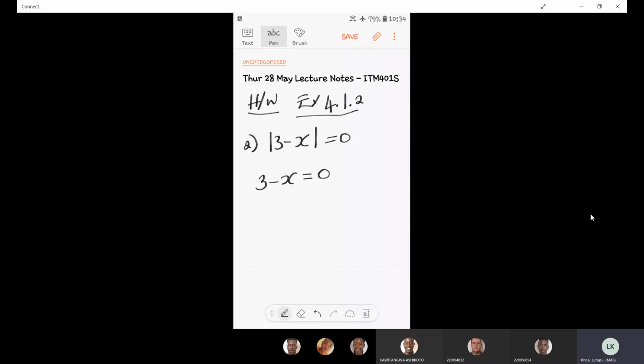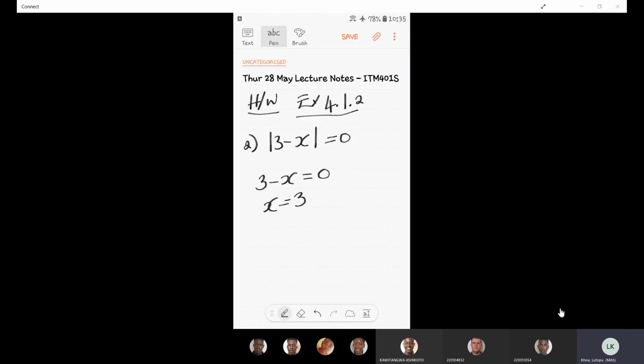Okay, just give me a minute. Okay, so solving this one, I will get x is equal to 3.